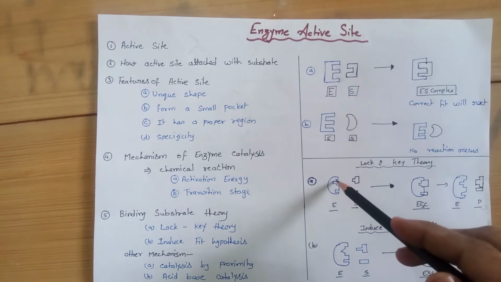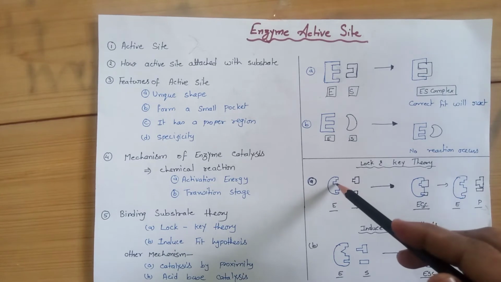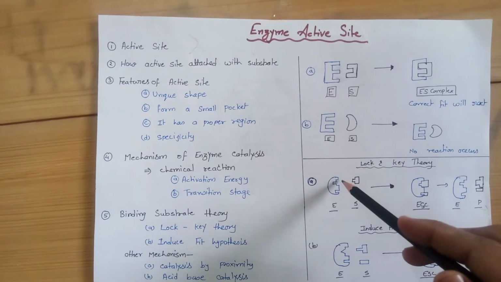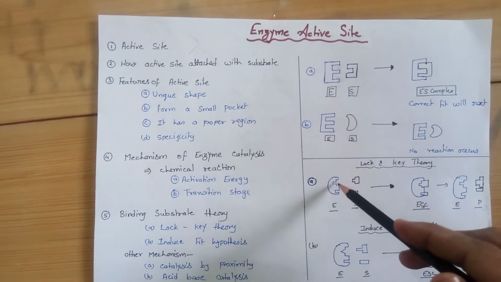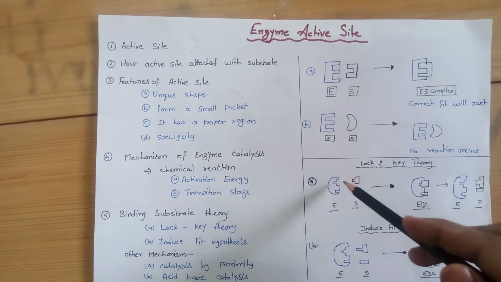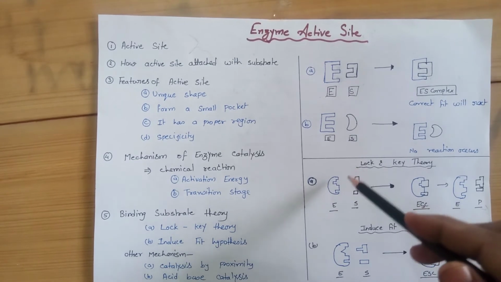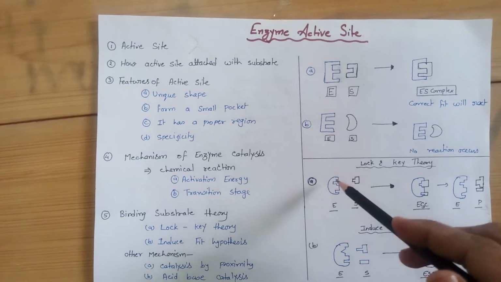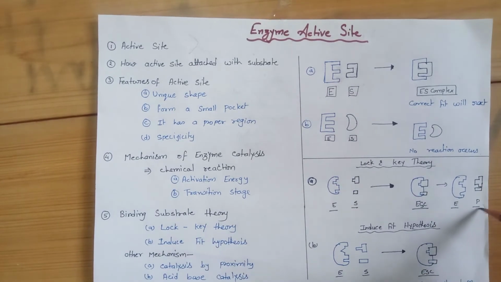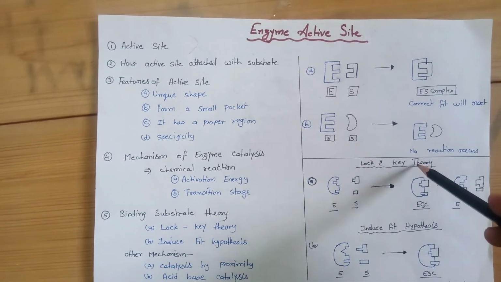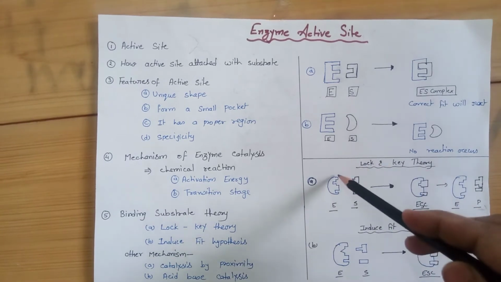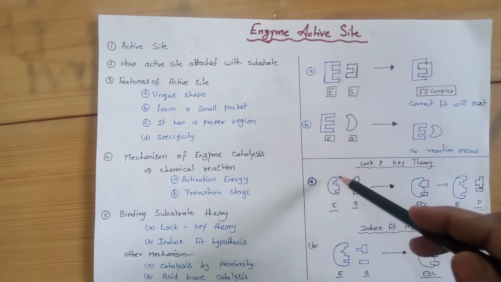Rigid means hard structure. It cannot be modified. It cannot become smaller and bigger or be modified into different structures. It has to be a rigid, hard structure. There is no modification flexibility in the active site before, during and after the product forming. Okay, so this is the lock and key theory. In this theory, the enzyme active site has a rigid structure.